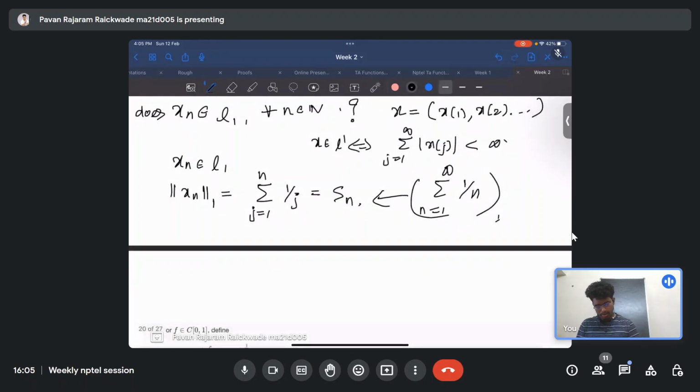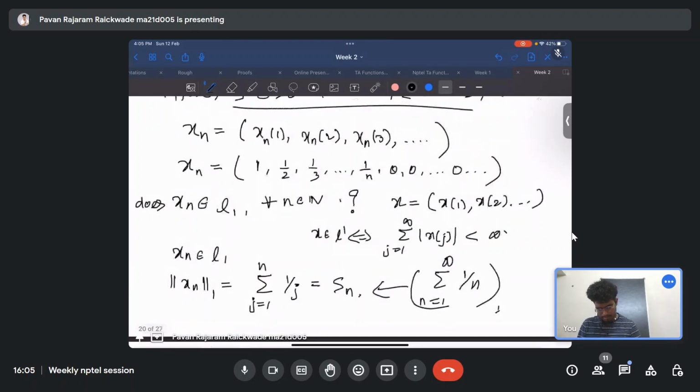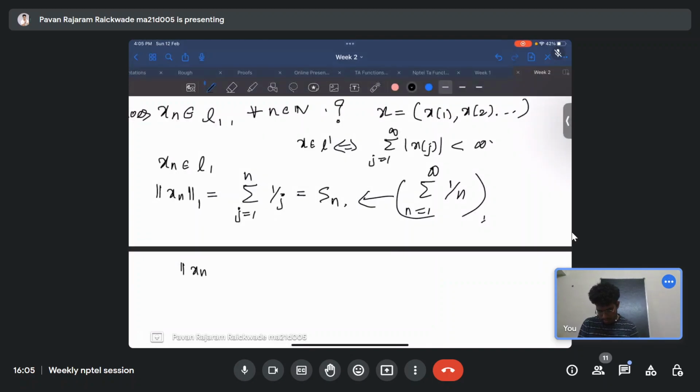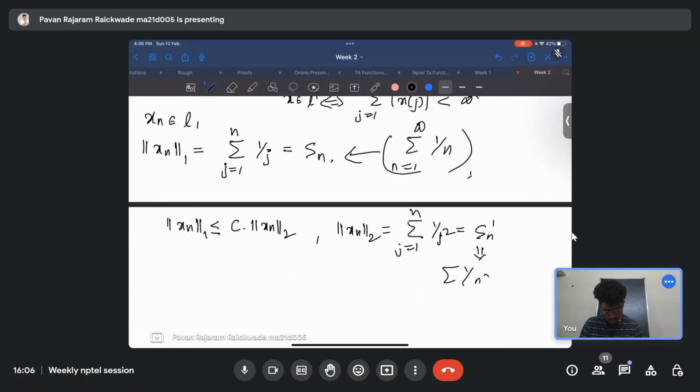So according to our theory, if there exists a C, then norm of xn one norm should be less equal C times the two norm of xn. But what is the two norm of xn? It is summation 1 by j squared, j going from 1 to n, the sequence of partial sums for the series summation 1 by n squared.